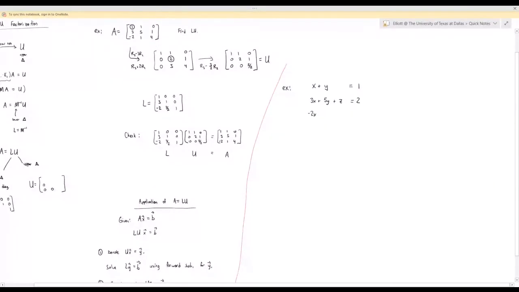And then we had negative 2x plus y plus 4z equals negative 1. So we have the system of equations and we want to solve it. And in case you didn't notice, the coefficient matrix for the system is precisely the matrix A that we have in this example.